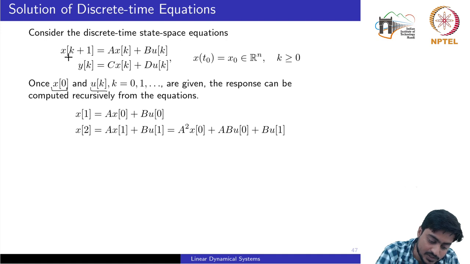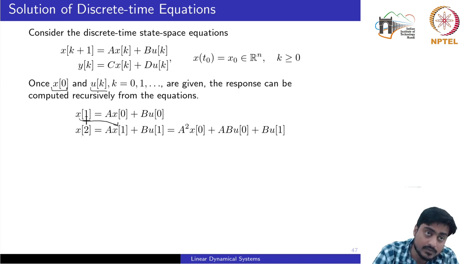Say for example, if I put k equal to 0 in this equation, I would get x1 is equal to a x0 plus b u0. Let's put k equal to 1. I would have x of 2 is equal to a into x of 1 plus b into u of 1. I can replace this x1 by this x1 to finally have a square into x0 plus ab into u of 0 and b times u of 1.